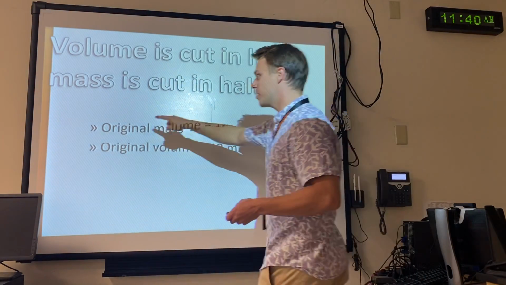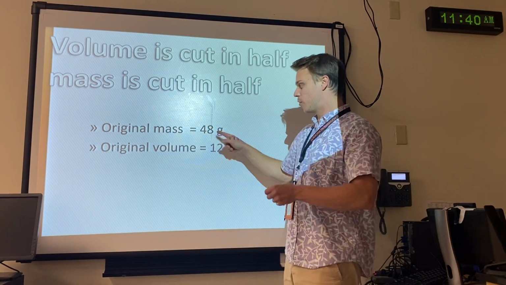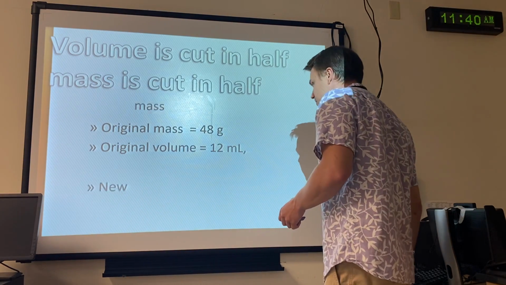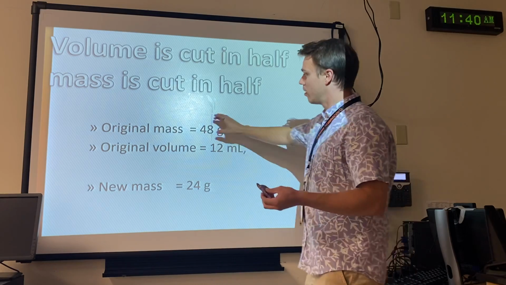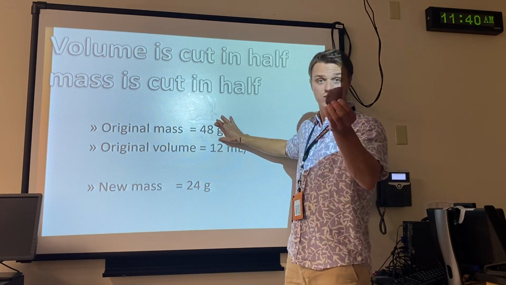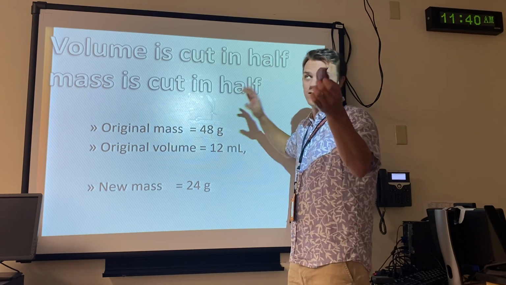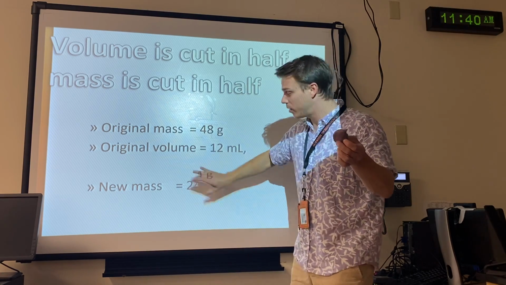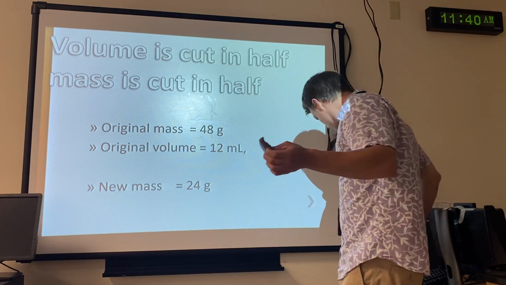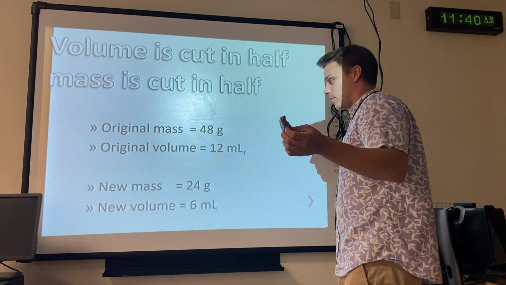So the original mass of it all as one piece, 48 grams. The original volume, all as one piece, 12 milliliters. Now that it's in half, we're going to get half the mass, which is 24 grams. Half the volume, or half of 12, is going to be 6 milliliters of volume.